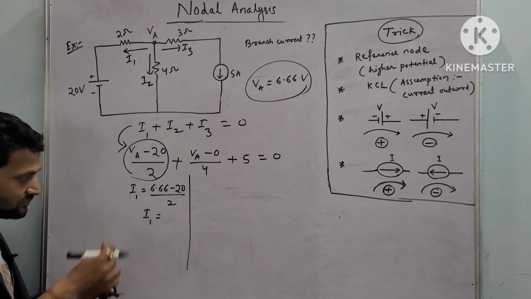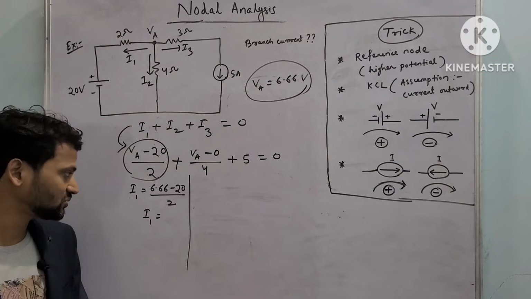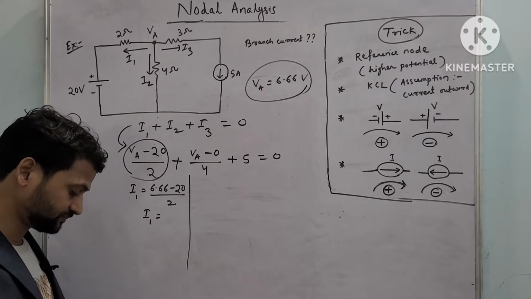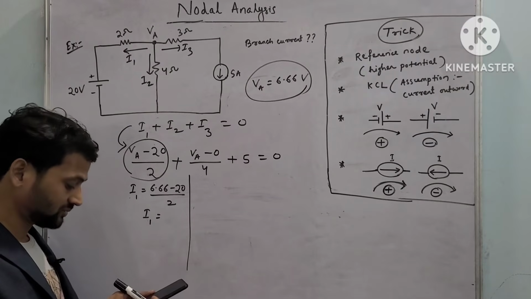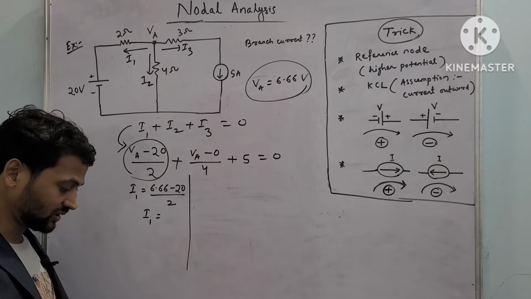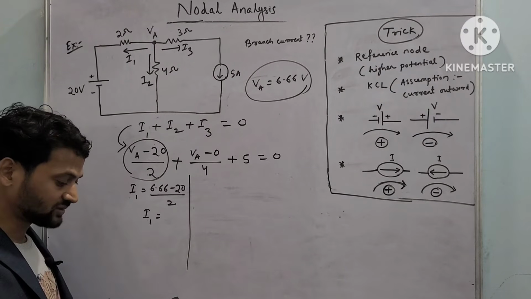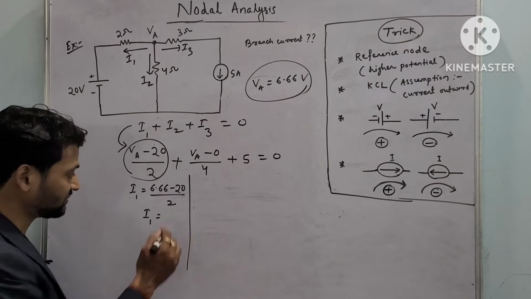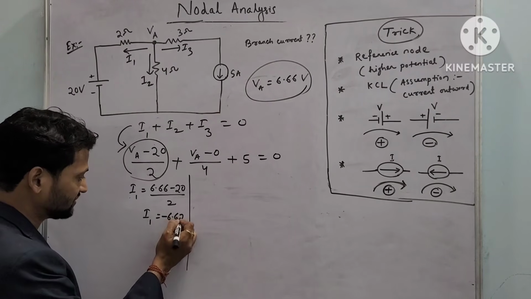Okay, 6.66 minus 20. I have the calculator, I'll use that. Okay, 6.66 minus of 20 is coming minus 13.34 upon 2, it is coming minus 6.67.